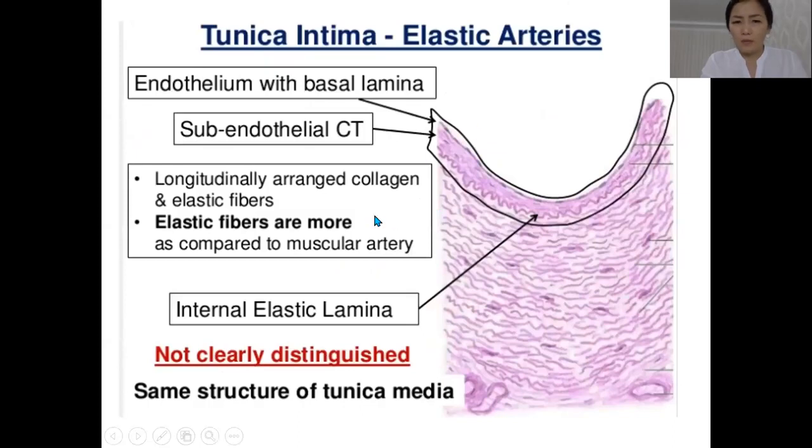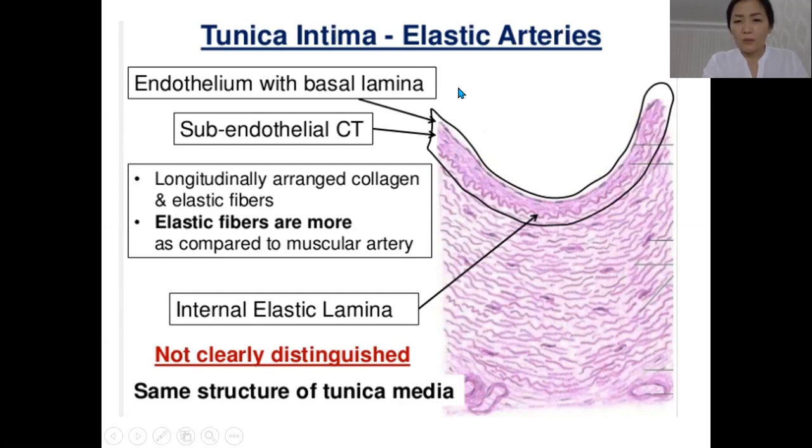All blood vessels, arteries and veins, have walls consisting of three layers, or tunicas: tunica intima, tunica media, and the tunica externa or tunica adventitia.